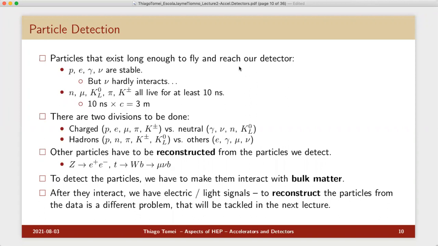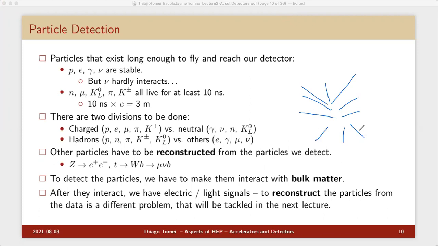Remember, it's a quantum mechanical process, with the probability of a given final state being calculated with the bracket calculation that you know how to do from quantum mechanics and, in this particular case, quantum field theory. How do we actually know what happened? The answer is that you have to detect the particles that came out of the collision.